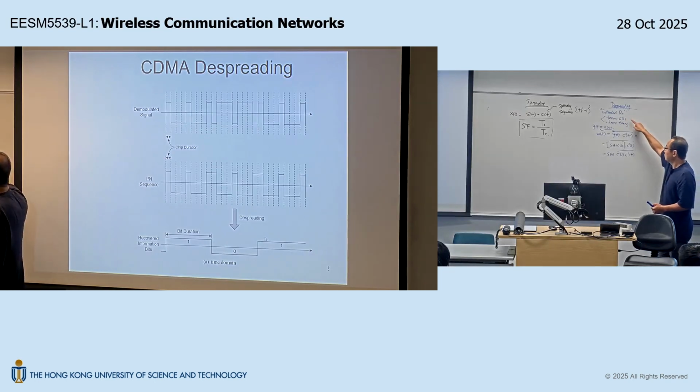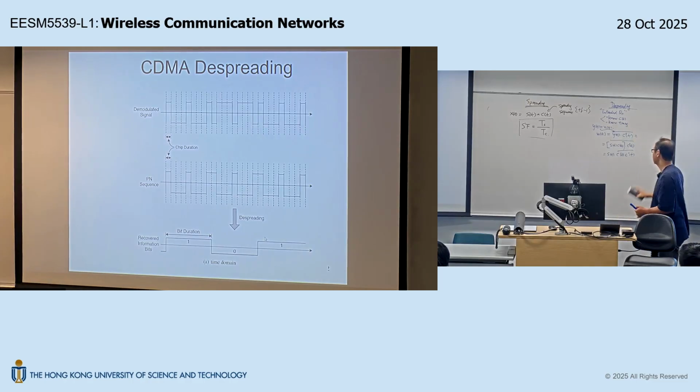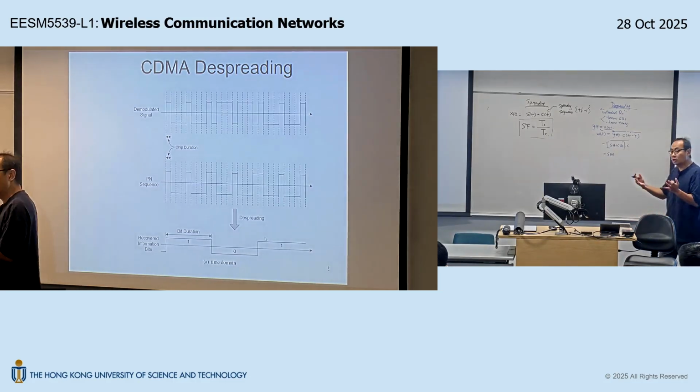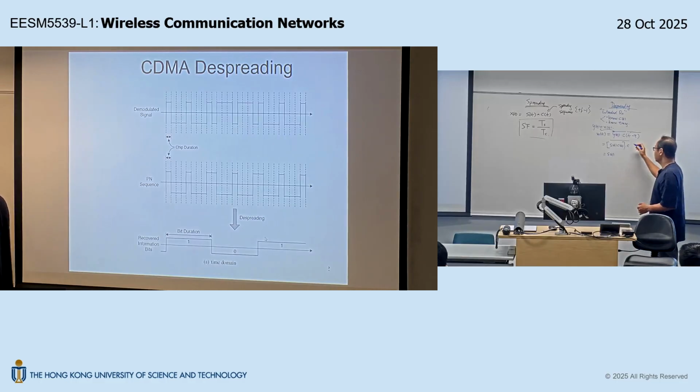Now, suppose you know the right key, but you despread at the wrong timing. Then what happens? If you despread at the wrong timing, let's say you try to despread with a timing offset. Okay? So it's the right key but slightly offset. Then in this case, what you're doing is like this.